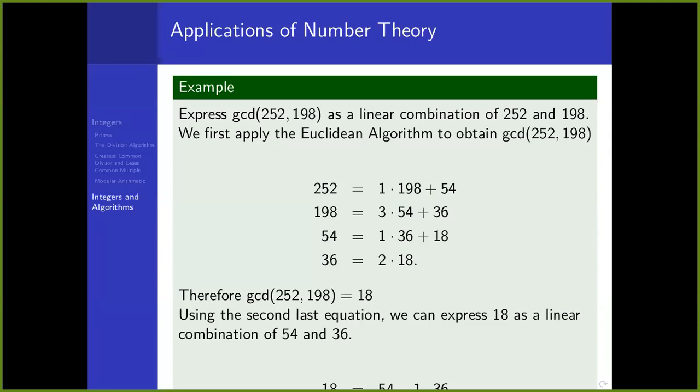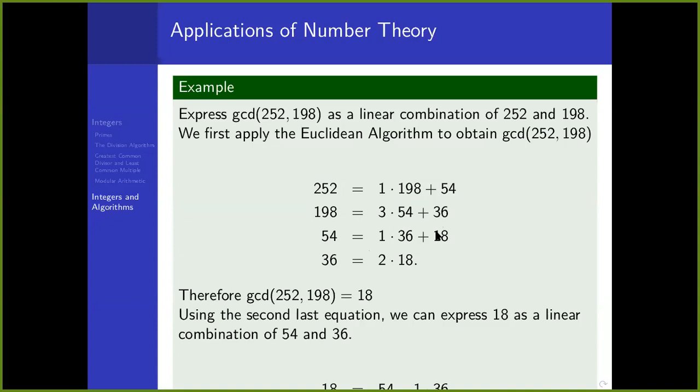That's what I'm looking for, right? So I can apply the Euclidean algorithm first to find the GCD. I think by now you have understood. And we can see that the GCD is clearly 18.